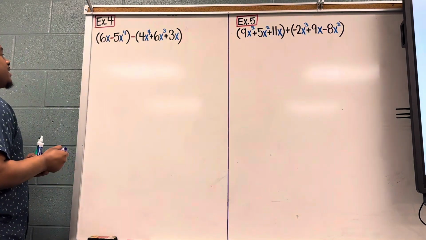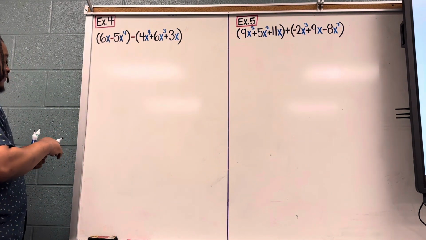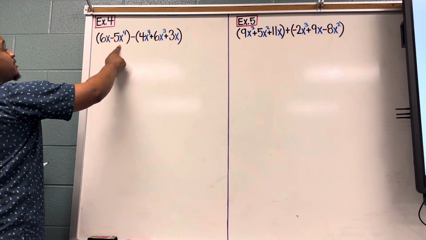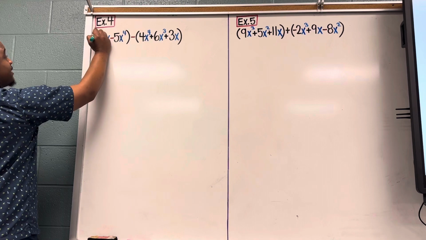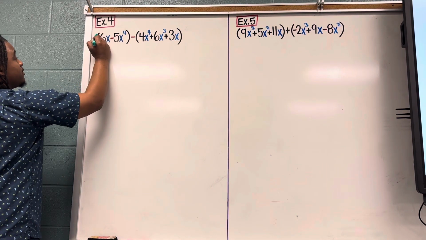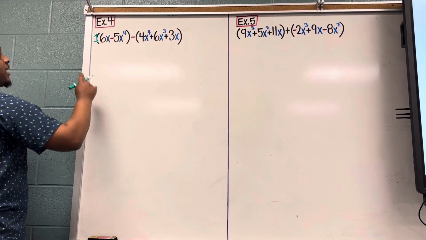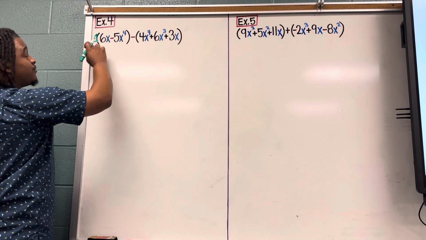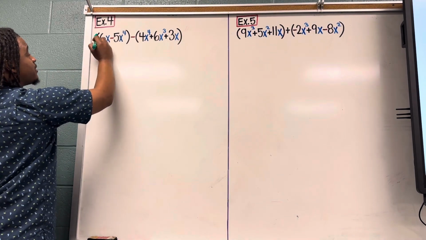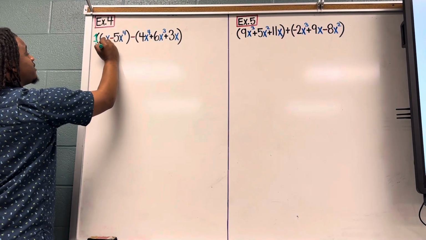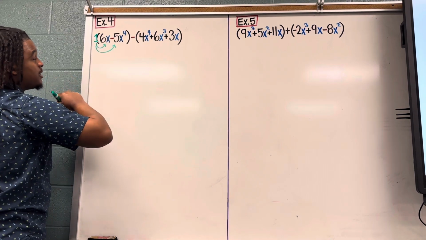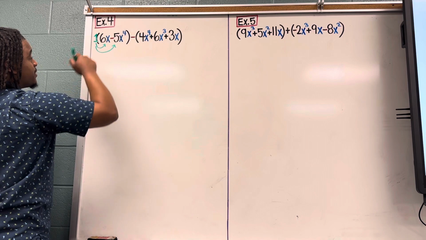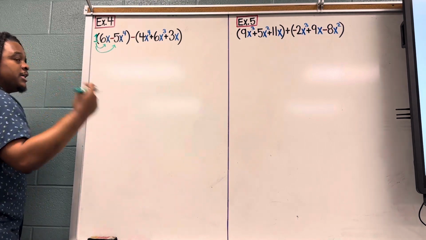If the parentheses doesn't have a number attached to it, then the number is automatically a positive 1. And if the number is a positive 1, everything within the parentheses comes down the same, because 1 times a number equals that number.